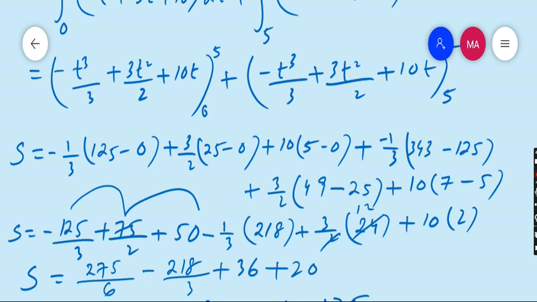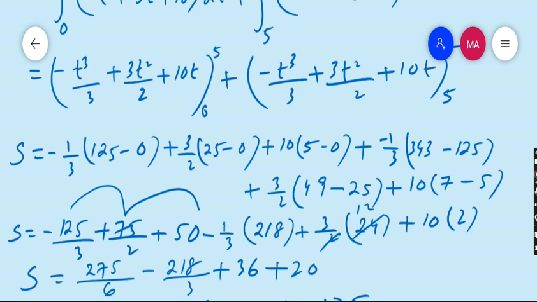Minus 5 cube is 125, no mistake. Then 3 upon 2, 7 square is 49 and 5 square is 25. Then plus 10, 7 minus 5.